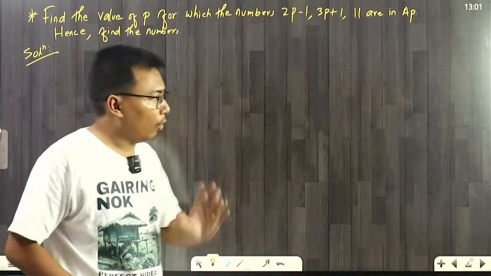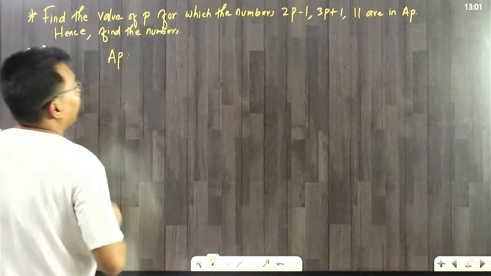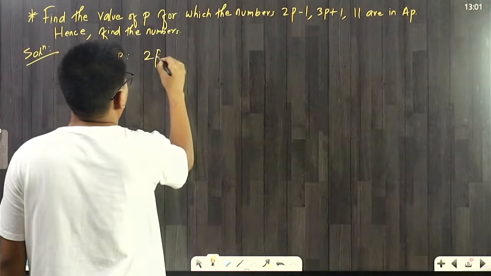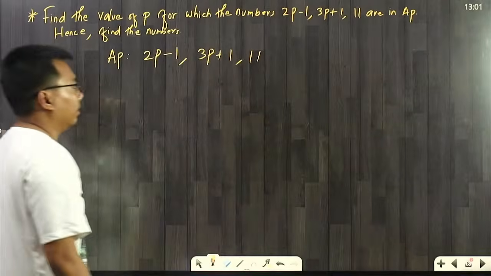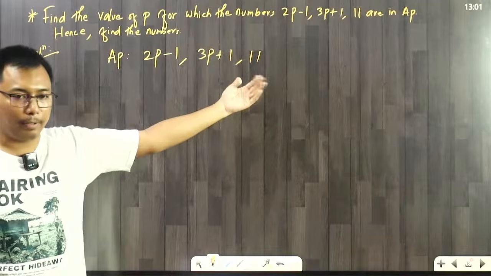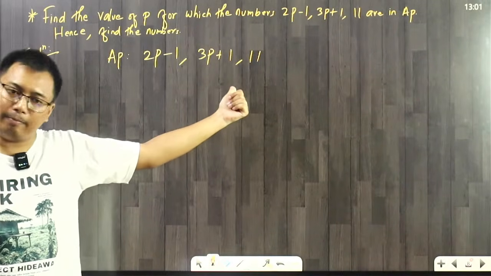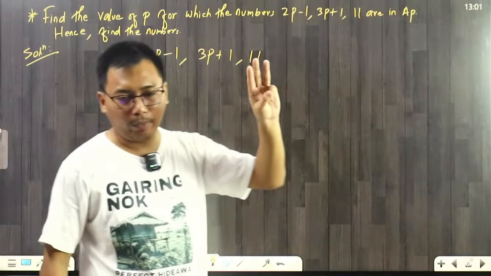Okay, so we have an AP: 2P minus 1, 3P plus 1 and 11. How many terms do we have here? If we observe, it's clear that we have three terms.